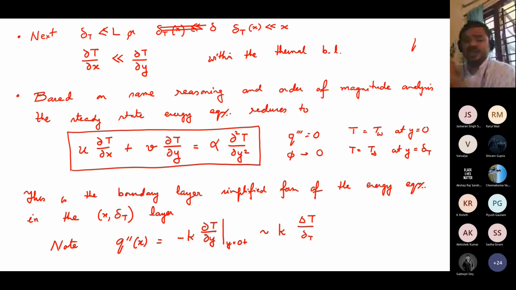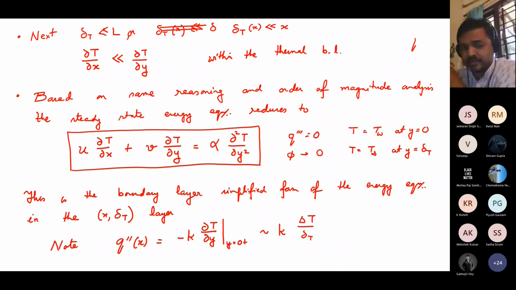In other words, the thermal boundary layer is kind of an obstruction. It's a resistance, right? It would have been wonderful if the plate is at TW and just the next layer of molecules is at T infinity. Best.